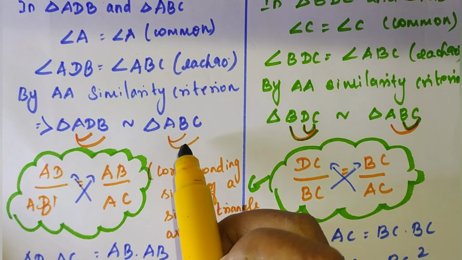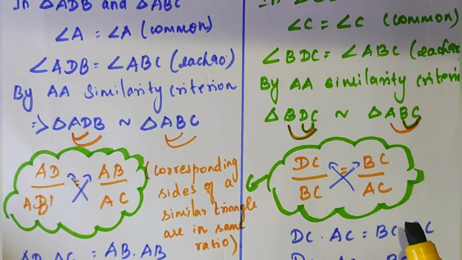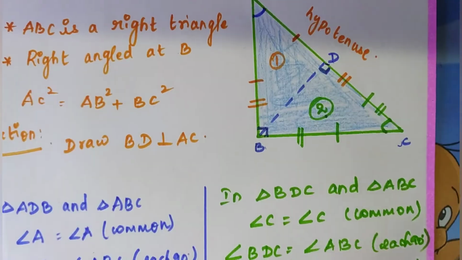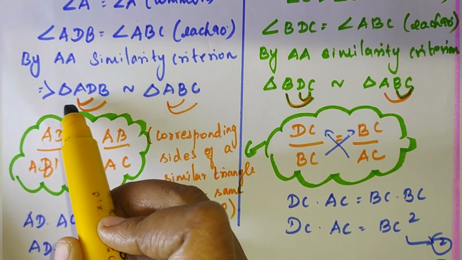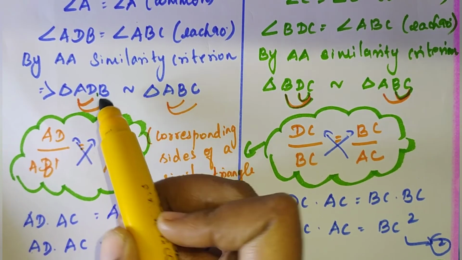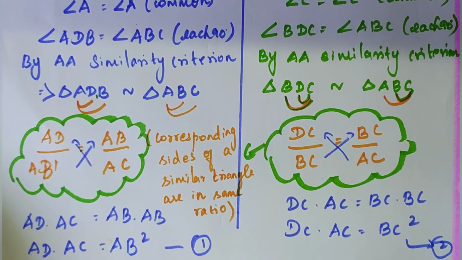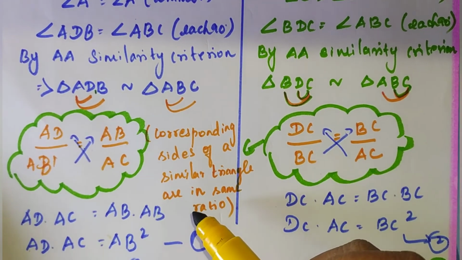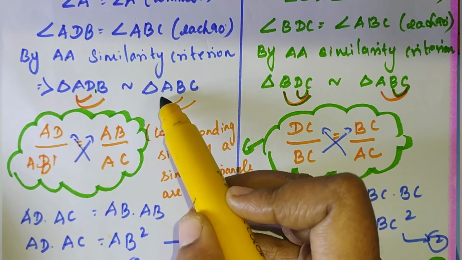Since the triangles are similar, the corresponding sides are in the same ratio. Instead of taking from the figure, I am going to write it easily: first you have to start from A. AD divided by AB is equal to AB divided by AC. Clear? If there is any doubt, AD, AB, AB, AC.